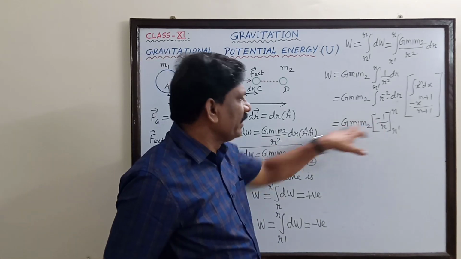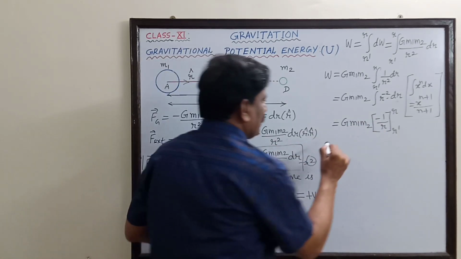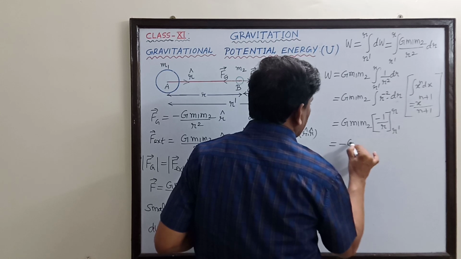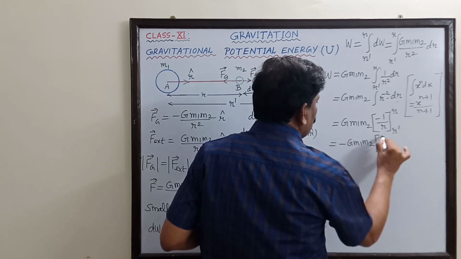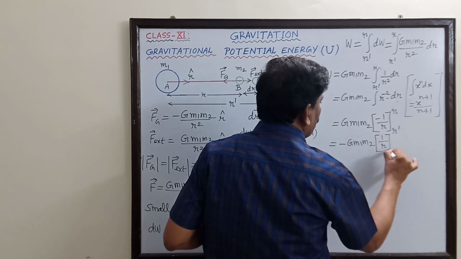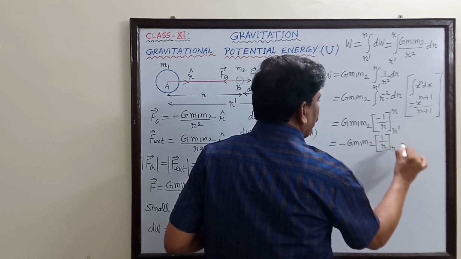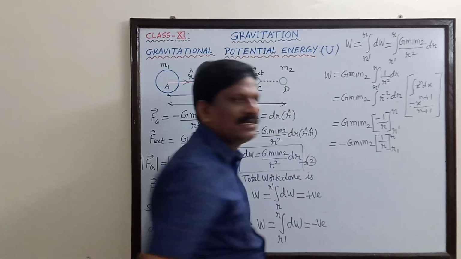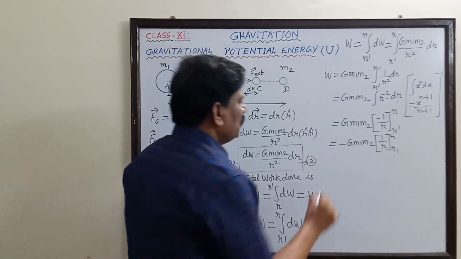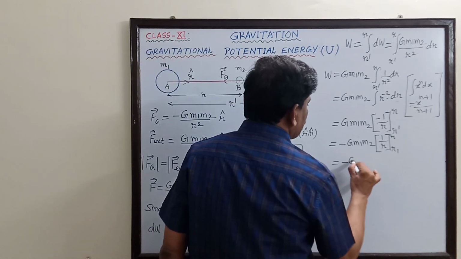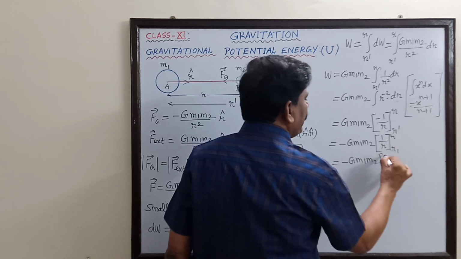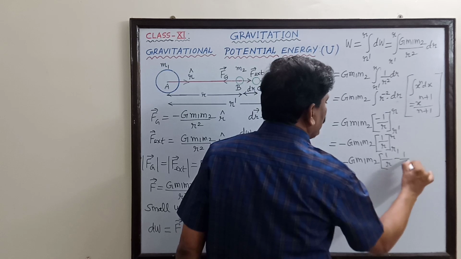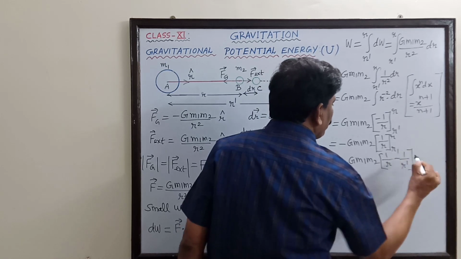This negative sign I can take outside first itself. So this is equal to minus of G M1 M2 into 1 by R, lower limit is R dash, upper limit is R. So this is equal to minus G M1 M2 into 1 by R minus 1 by R dash.